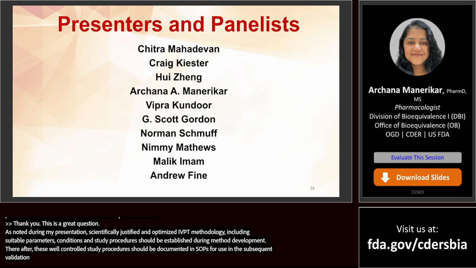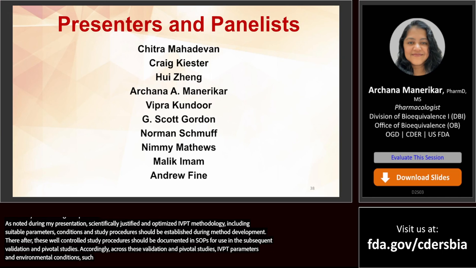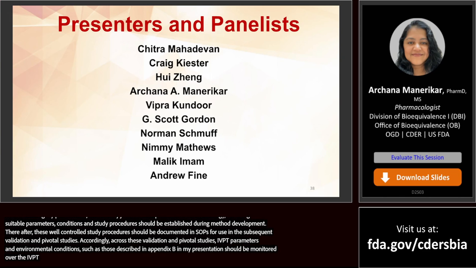Accordingly, across these validation and pivotal studies, IVPT method parameters and environmental conditions, such as those described in Appendix B in my presentation, should be monitored over the IVPT study duration, and evidence demonstrating their control within adequately justified and pre-specified tolerances should be submitted.